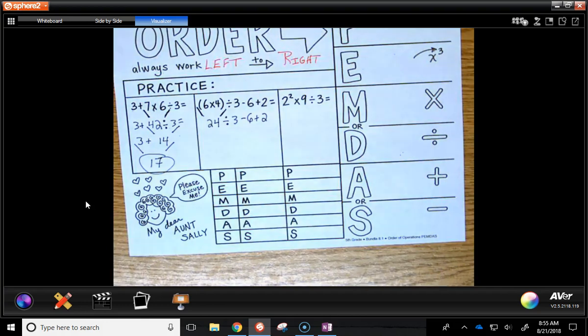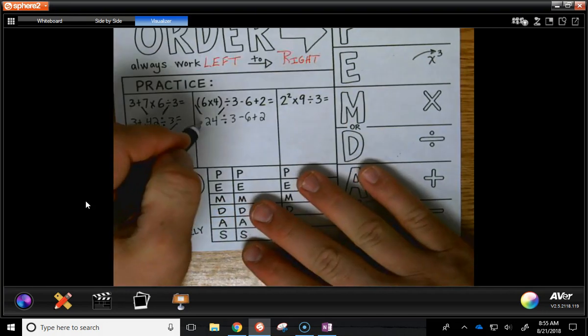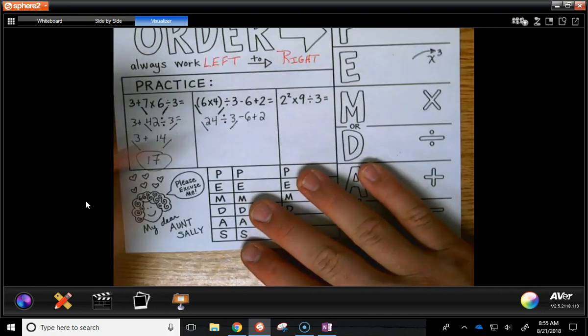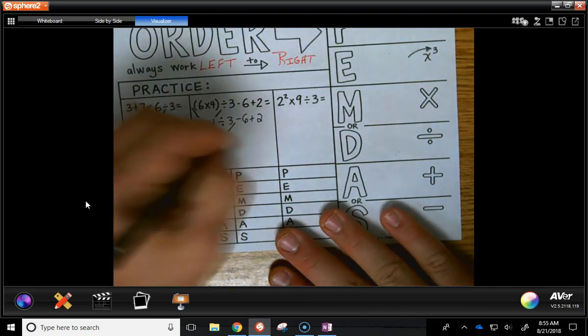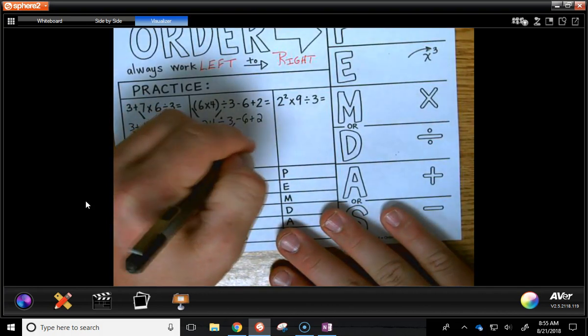Okay, I see there's no more parentheses, so I look for exponents. We have none. What is the next problem I should solve? Caitlin? 24 divided by 3. Division came first. 24 divided by 3 is 8 minus 6 plus 2.